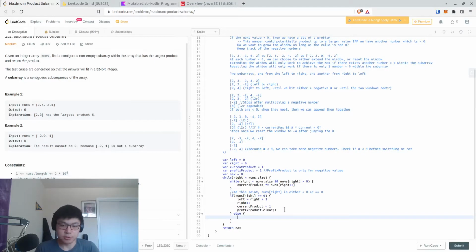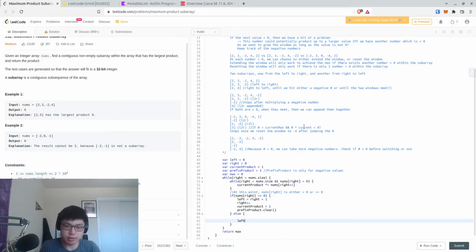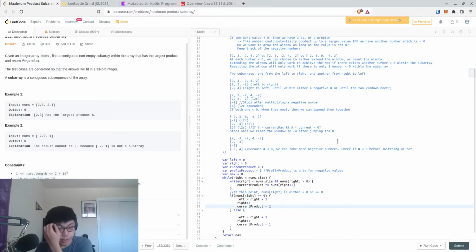What we can do is that we can say, so if we've encountered a negative number, so 2, 3, -2, what we want to do is pretty much the same thing as the 0.